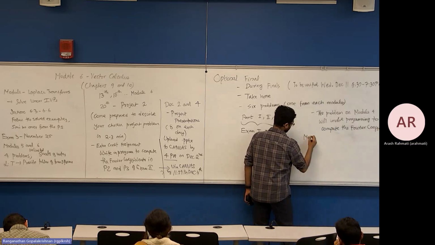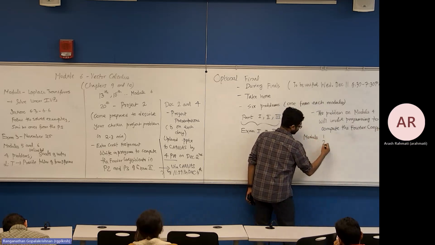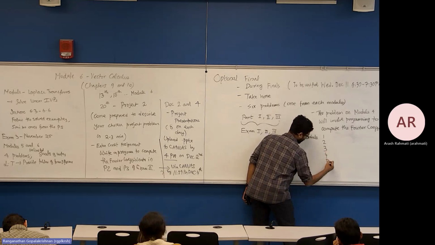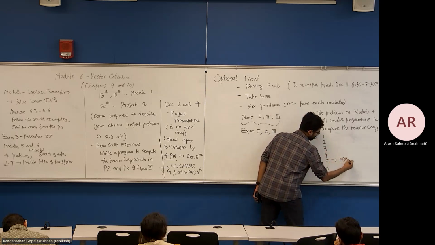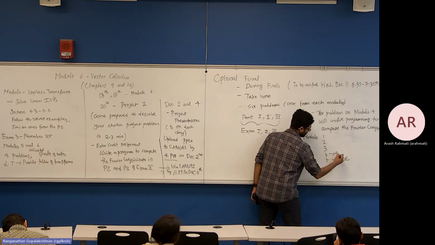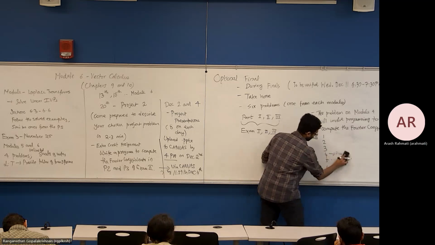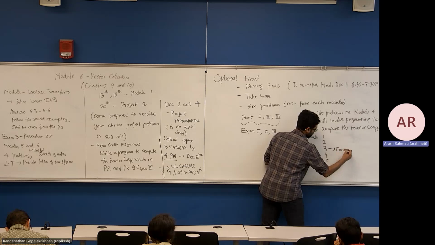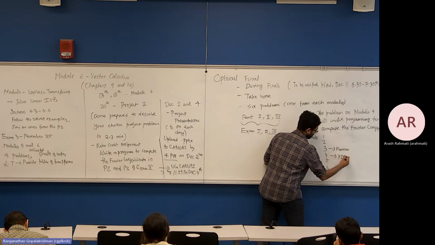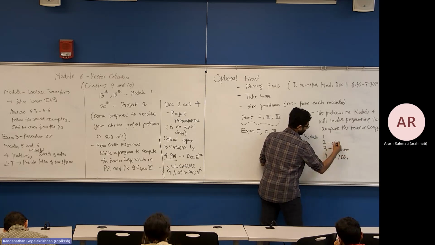So you have module 1, 2, 3, 4, 5, 6. This is Fourier series. This is PDEs. ODEs.